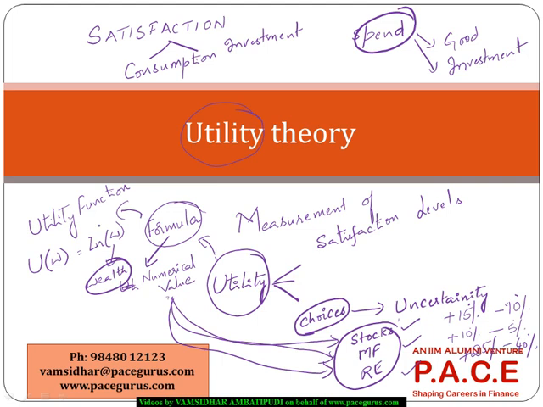Just as an example, I have used this function, saying utility of W is equal to log of W. So depending on whichever option gives the highest value of the logarithm, the highest value of utility would be the choice for that particular customer.